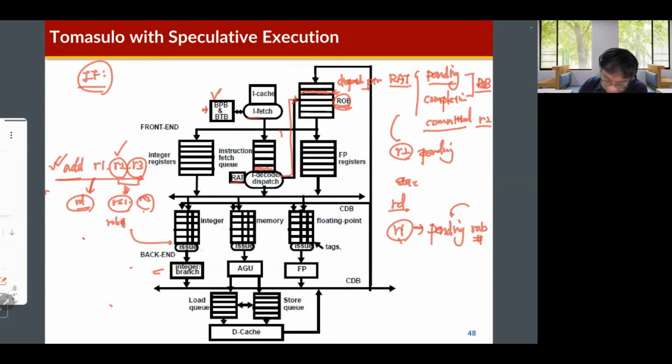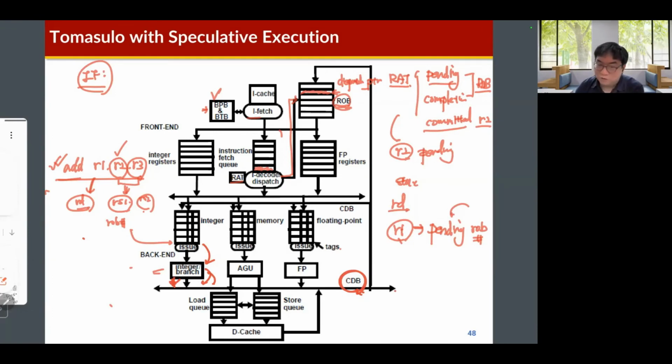So the instruction is issued, and then the execution is completed, then the result is delivered to the common data bus. But let's see how the common data bus is connected. What is different from the original Tomasulo algorithm? If you see the common data bus, it is also connected to the issue queues.